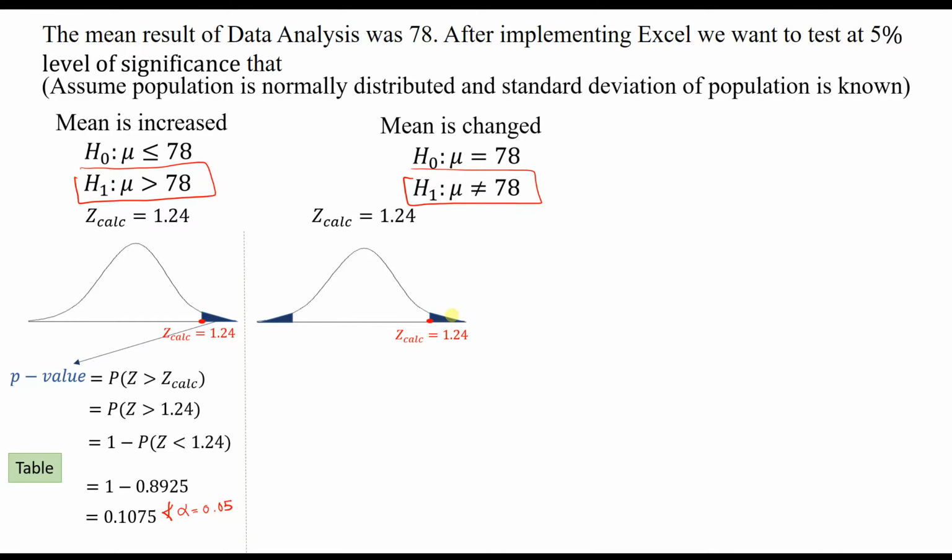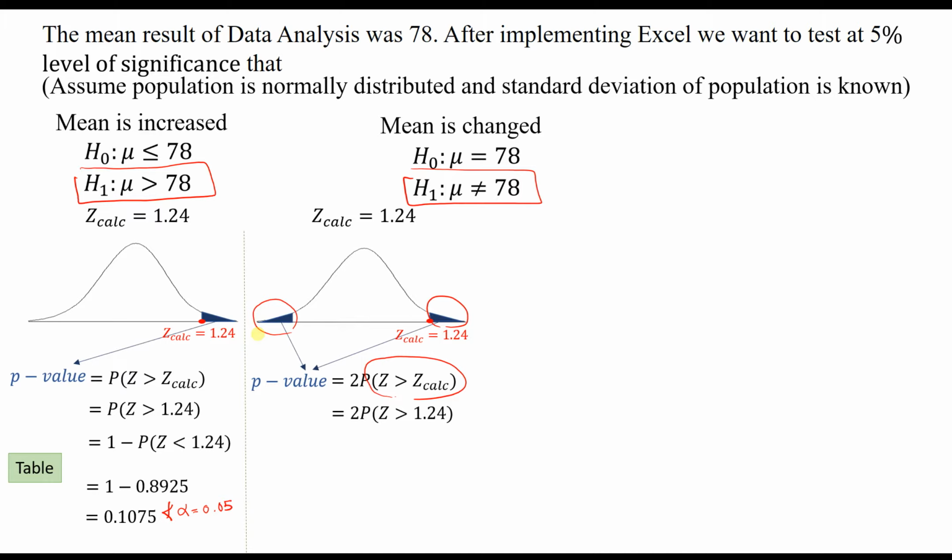And when we want to find a p-value, which is the probability related to the Z calculated, we find this probability of Z greater than Z calculated, which is this area. But we know that the p-value is the double of that. So we multiply this one by 2. So it is 2 times the probability of Z greater than 1.24.